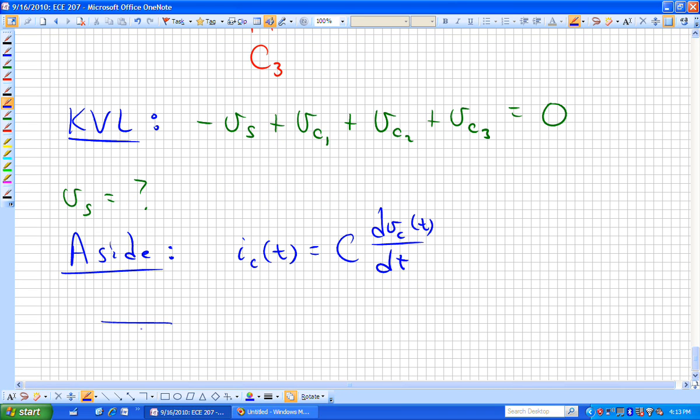And we can do some of the algebra that we've now learned in our calculus and differential equation classes. We can say this differential in voltage is now 1 over C times I sub C of t dt.